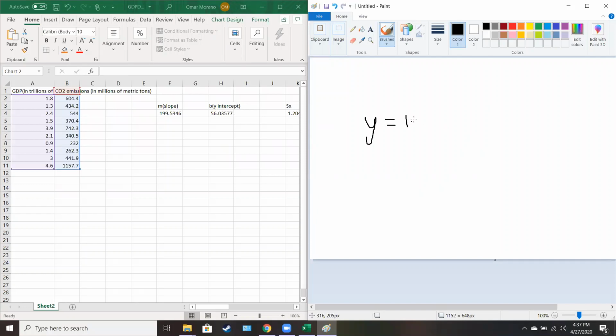Y equals m. And excuse my handwriting here. It's kind of hard to write with a mouse. So 199.53. Let's just do 2 decimal places. So m times x, right? So here you don't need to replace the y and the x, right?